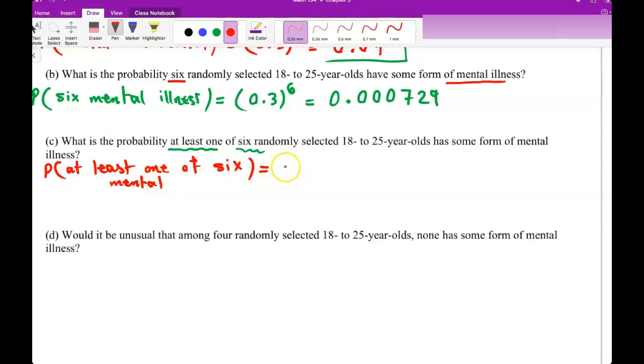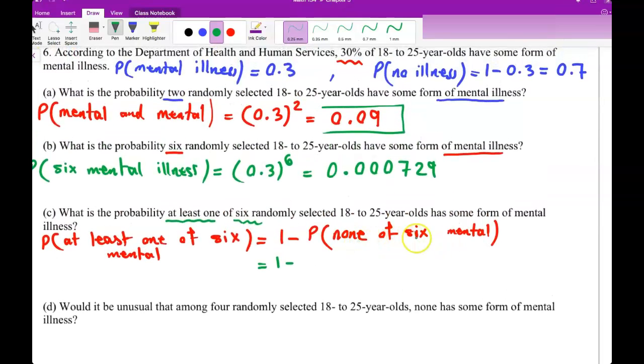That is equal to, again, we should subtract 1 minus the probability of none of 6 having mental illness. So no illness is 70% based on this part.